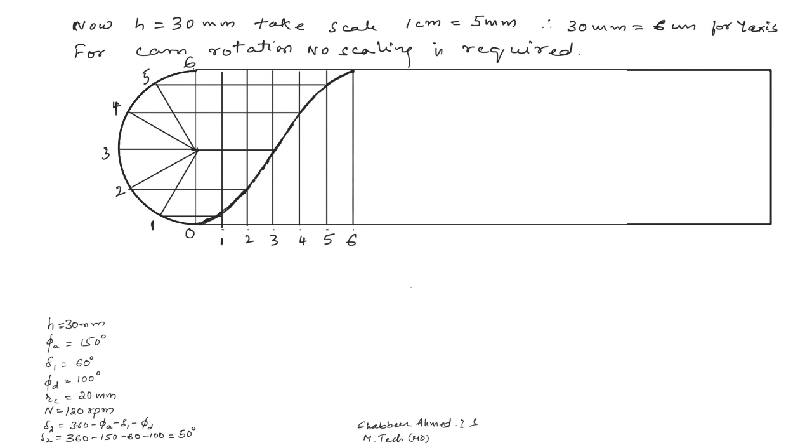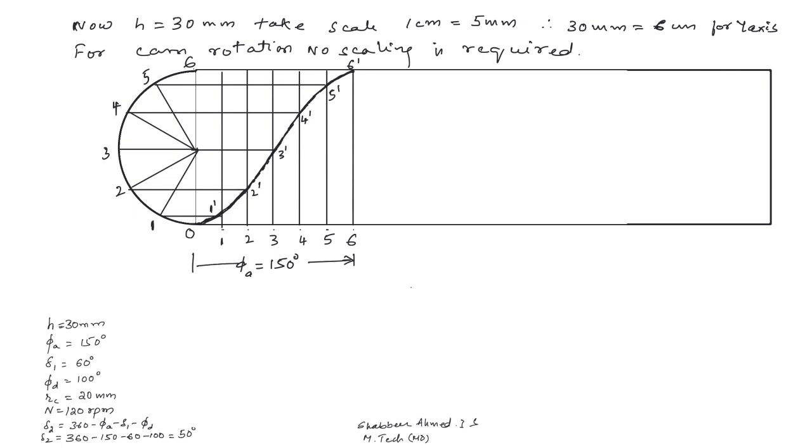See, from this point 1, where it has cut the vertical line, there you mark 1 dash. This is 1 dash, and this is 2 dash, and this is 3 dash, this is 4 dash, this is 5 dash, and of course this is 6 dash. Okay, so this is the ascent, from here to here, this is the angle phi A, that is equal to 150 degrees.